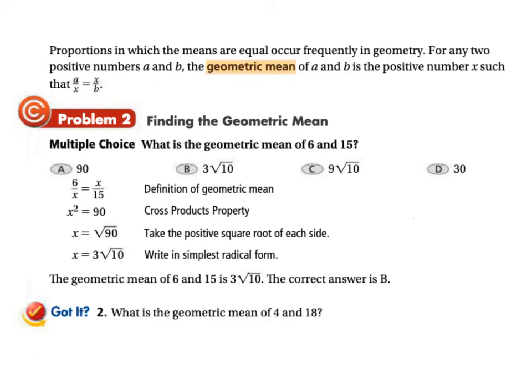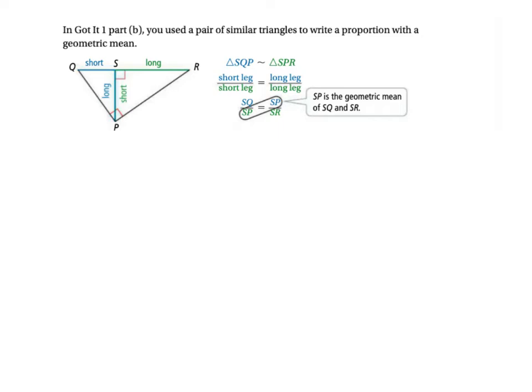Okay, try this one. What's the geometric mean of 4 and 18? As I said, this is going to come up in these types of problems, and this is where it comes up. Use a pair of triangles to write a proportion with the geometric mean.